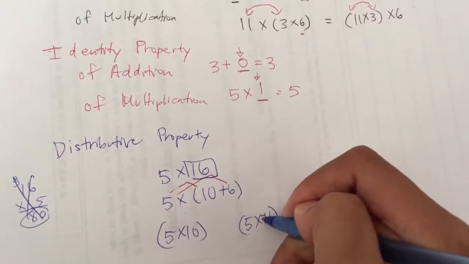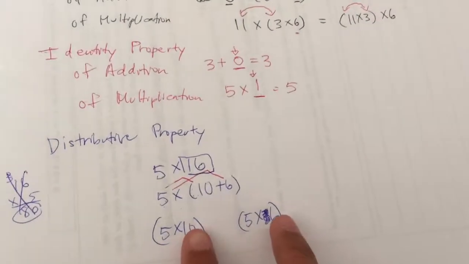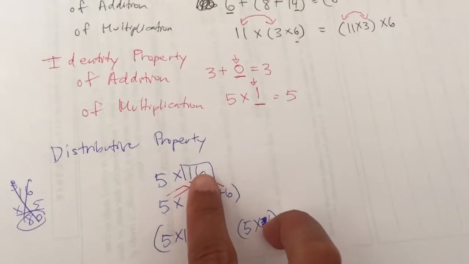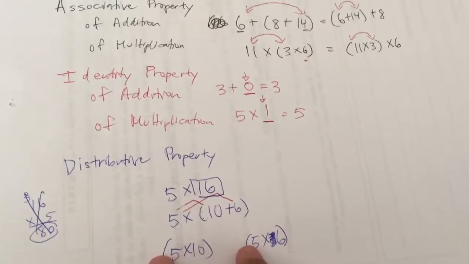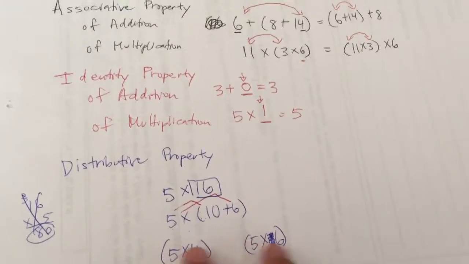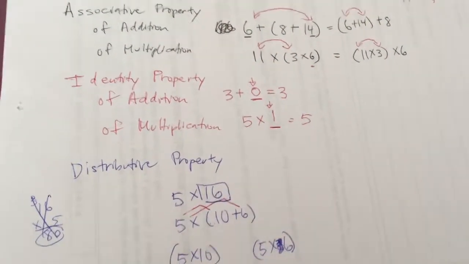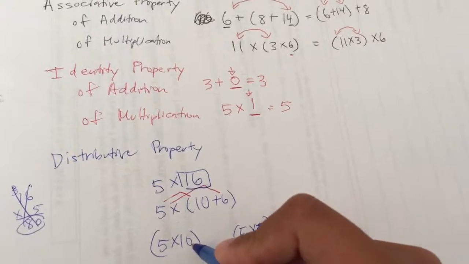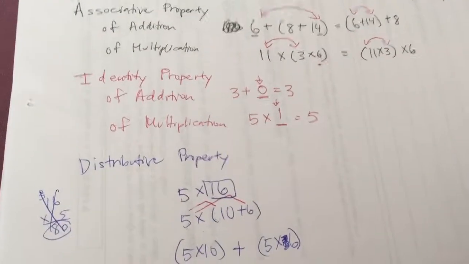I'm sorry, I was getting ahead of myself. So you can see here, 10 and 6 make that original 16, and you're multiplying 5 by it. Since 10 plus 6 makes 16, we're going to put an addition sign in between them.